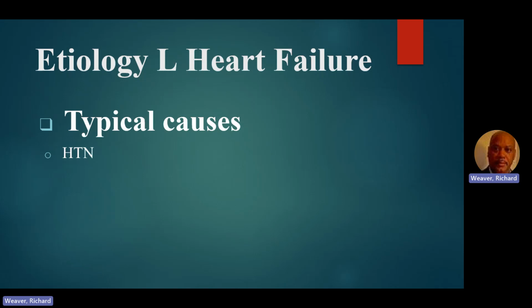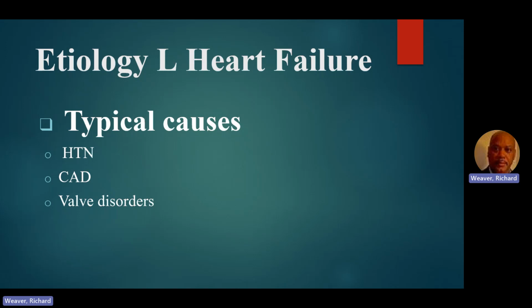Some of the typical causes are hypertension, coronary artery disease, and also valve disorders. Each of these conditions contributes to a high afterload. Hypertension, because the arterial system is very constricted, increases the afterload.